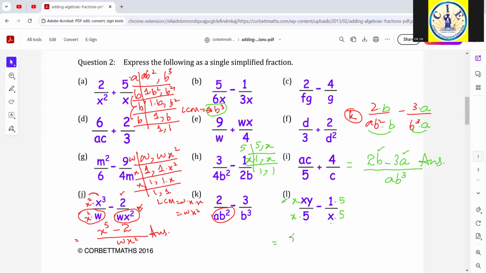This is x square y by 5x minus 5 by 5x. Now you see the denominators are the same, so we can write them as a single denominator 5x, with x square y minus 5 in the numerator. No more simplification is possible, so that's why this is going to be the answer.